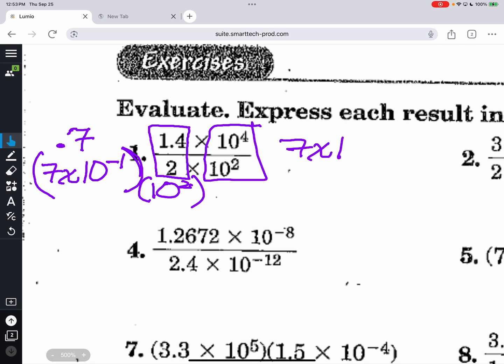What is negative 1 plus 2? Oh, 1. Remember, add your exponents. So negative 1 plus 2. Or if you happen to move it down, you would have 2 minus 1. So what is our standard form? Just 70.